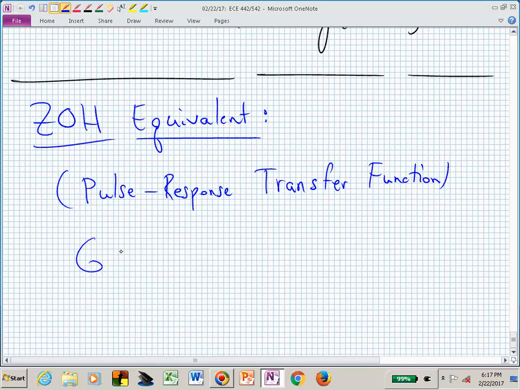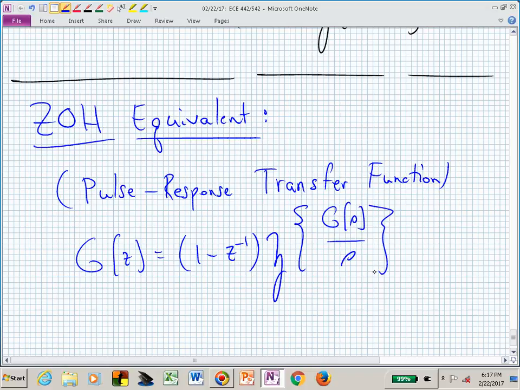That now is simply g of z equaling 1 minus z to the minus 1 times the Z-transform. And remember how we're defining this Z-transform curly braces thing. If we had to break it down, we would find g of s over s, take it into the time domain, sample it, and then Z-transform those samples.